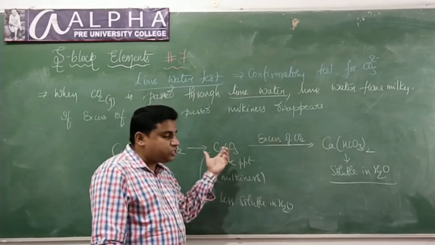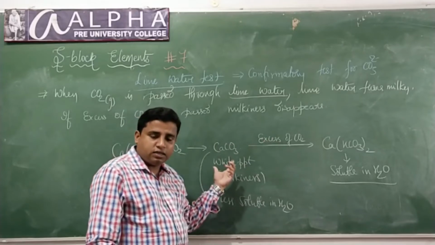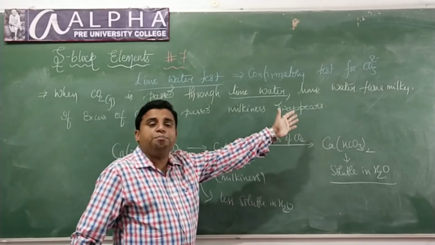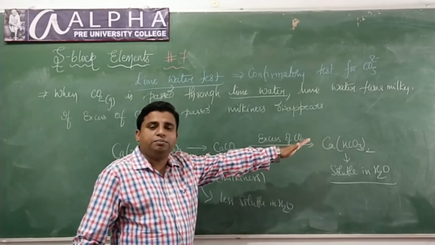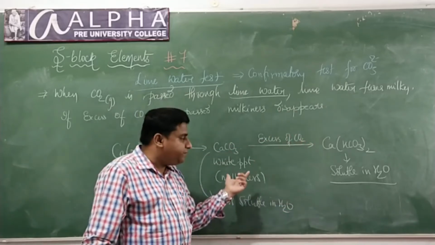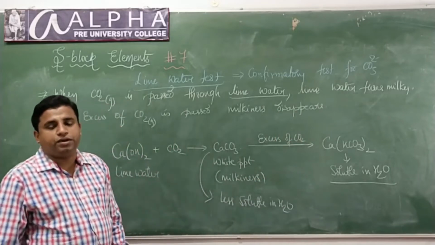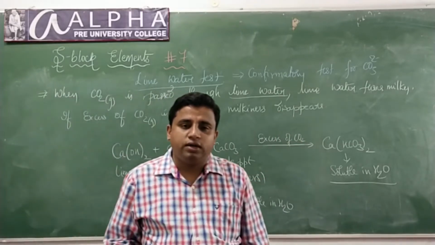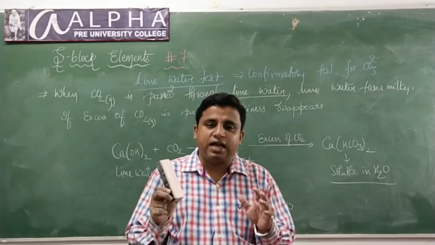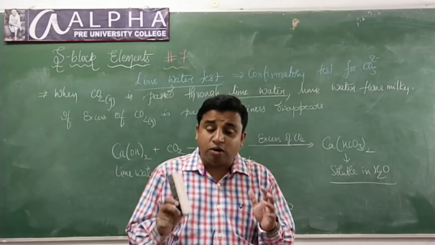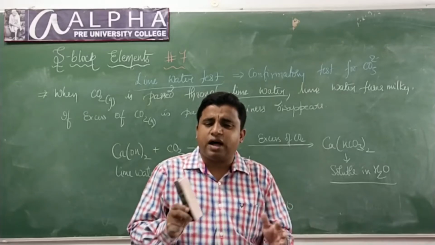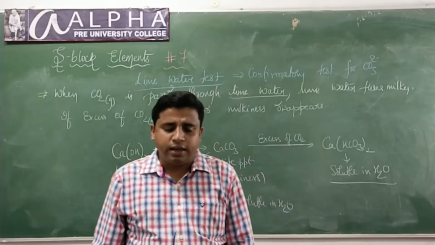Now if excess carbon dioxide gas is passed, calcium carbonate will combine with carbon dioxide to form calcium bicarbonate, and calcium bicarbonate is soluble in water. That is why the milkiness will disappear. So guys, that was all about the reaction of alkali metals and alkaline earth metals, formation of carbonates and bicarbonates.